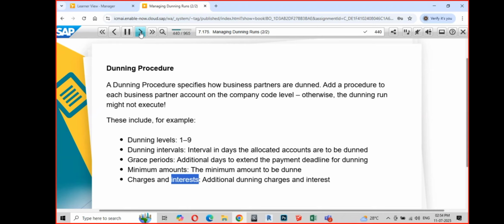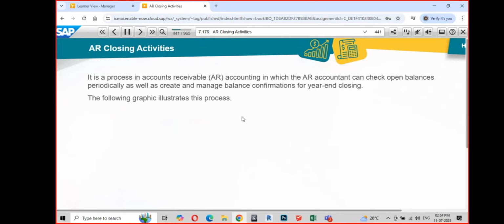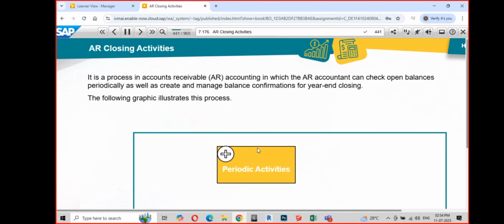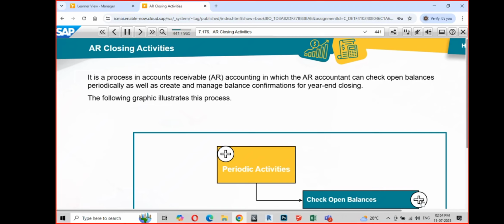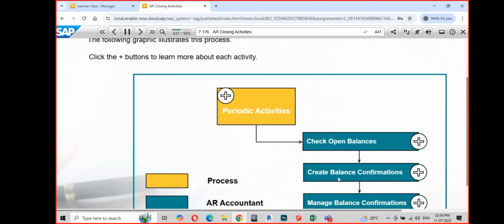See how beautifully the system has thought about all these things and how it is made possible. Whatever is possible physically, you convert it into the SAP system, right? Create balance confirmation, manage. So we are all familiar with all this.